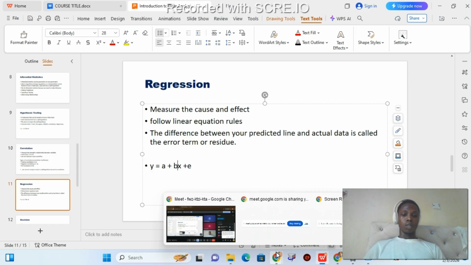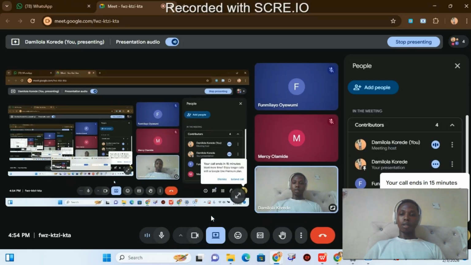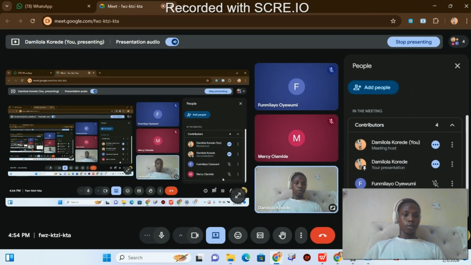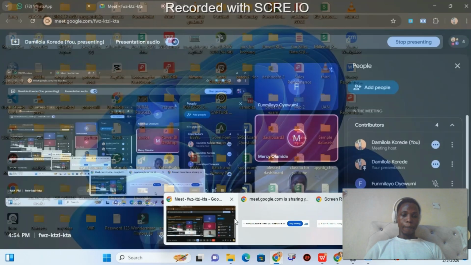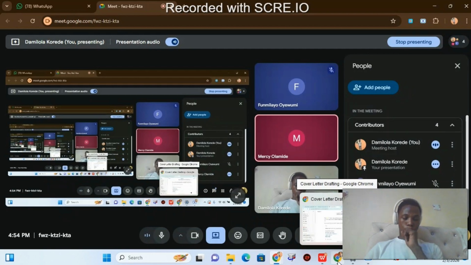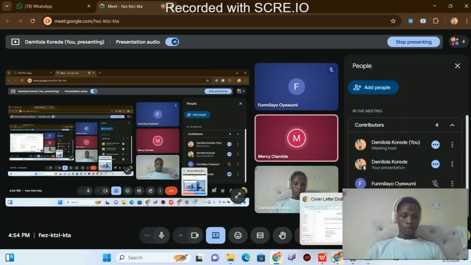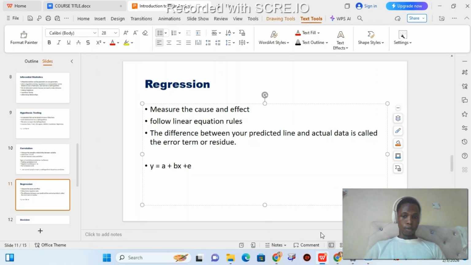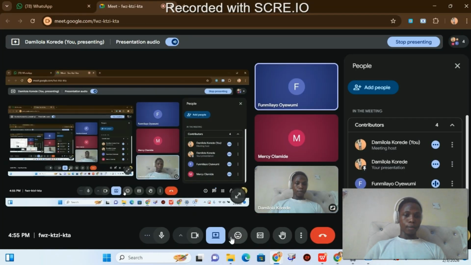So I'm going to ask again, which one is dependent and which one is independent?